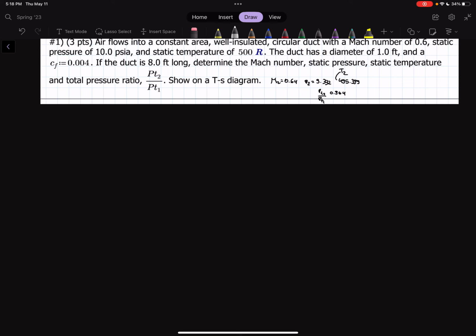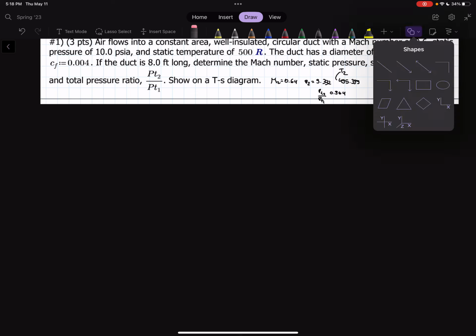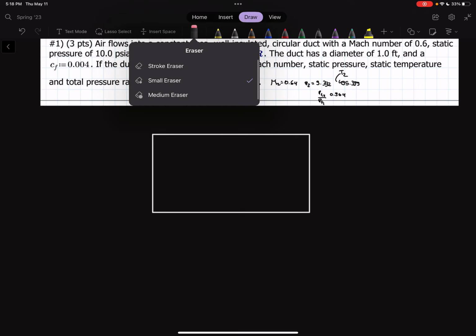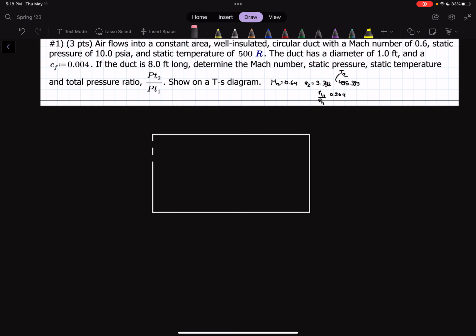Okay, so I'd like to start with a figure. So let's do that. I'm going to make a nice figure. I'm assuming I'm looking at it from the side, so that it looks like a rectangle, but it's round.